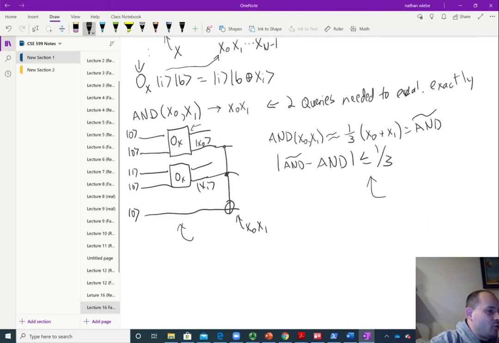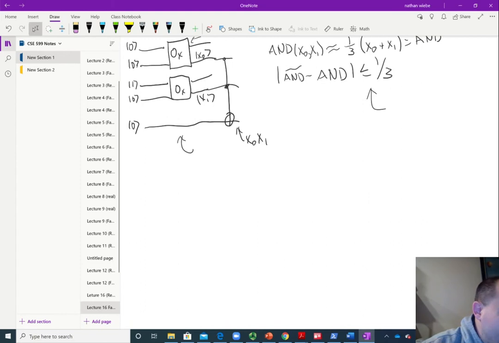Okay, so in order for us to make some more progress, the other thing that we'd like to note is a canonical form for all T-query algorithms.